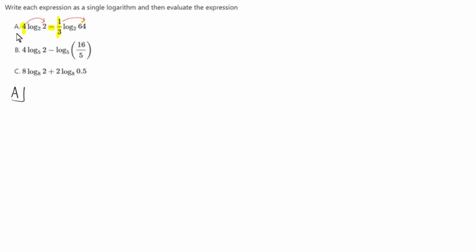So that means that in A we can rewrite this expression as log with a base of 2 of 2 to the power of 4 minus log with a base of 2 of 64 to the power of 1/3.